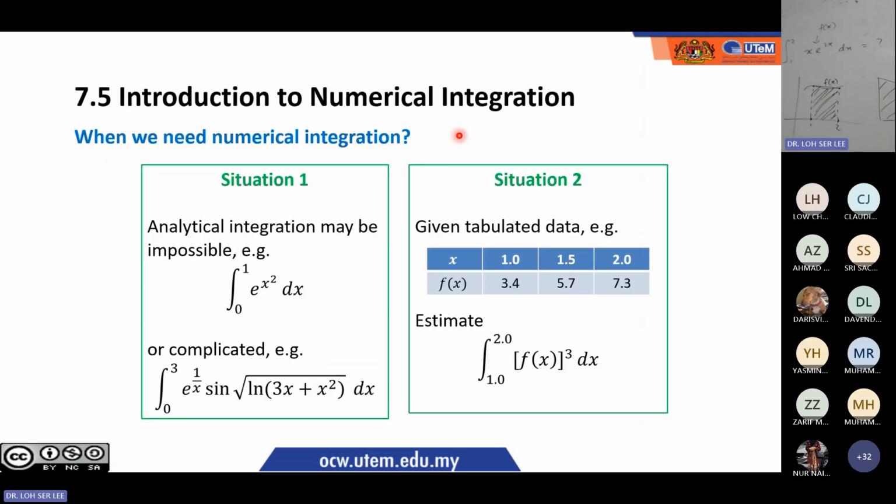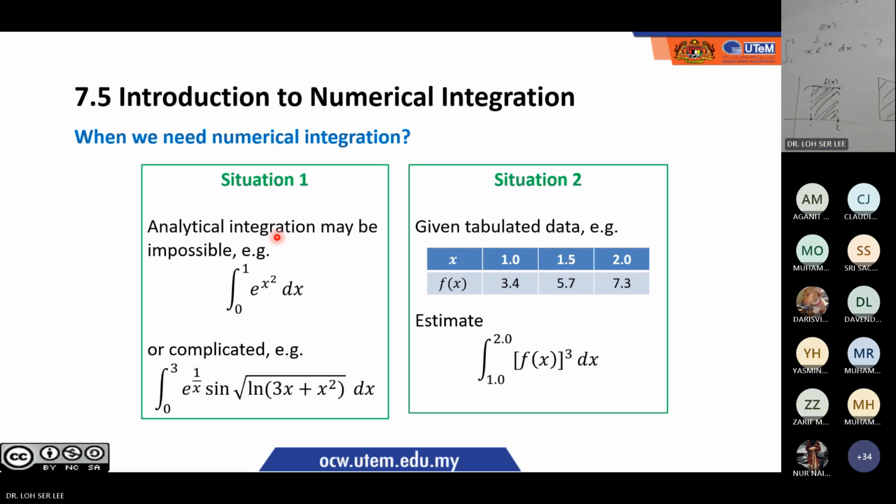When we need to use numerical integration, we have two situations. The first situation is when the function is impossible to integrate analytically. Analytical integration means you have to integrate the function by substitution, by integration by parts, or by trigonometric substitution.